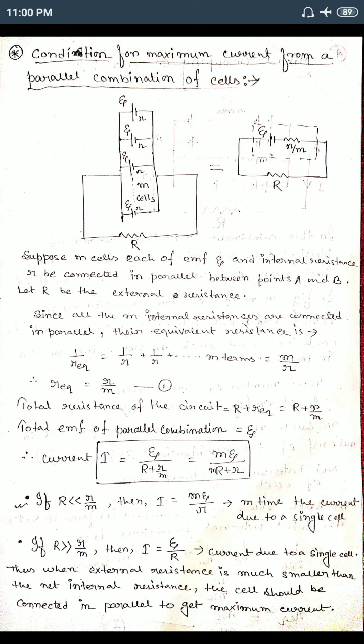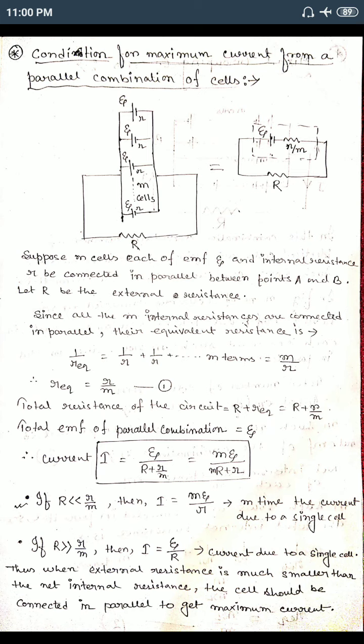But there is another resistance also connected, that is capital R. So the total resistance of the circuit, total internal resistance plus external resistance, is R plus r by m. Clear? Now the cells have the same EMF, that is E.